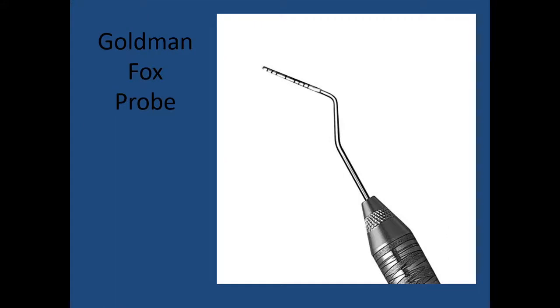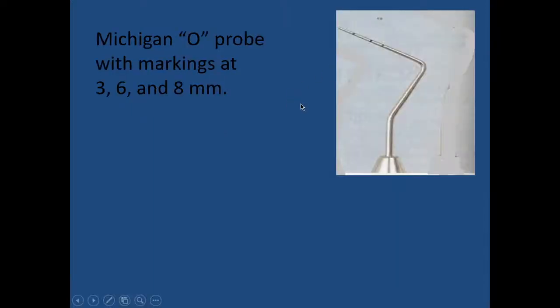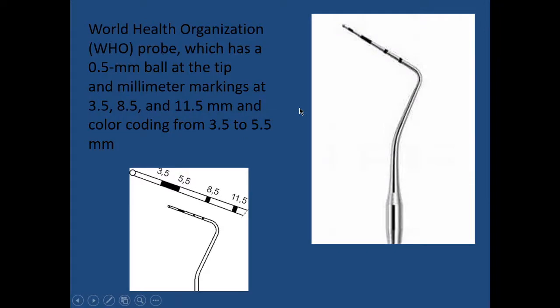Then the Goldman Fox probe, it is like the Michigan O probe, but flattened. And this is the Michigan O probe with markings at 3, 6, 8. And the WHO probe, referring to the World Health Organization, has a 0.5 millimeter ball at the tip, with millimeter markings at 3.5, 8.5, and 11.5, and color coded from 3.5 to 5.5.